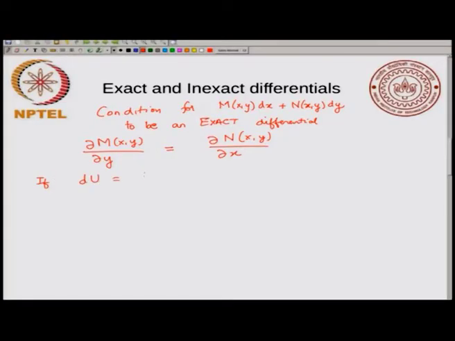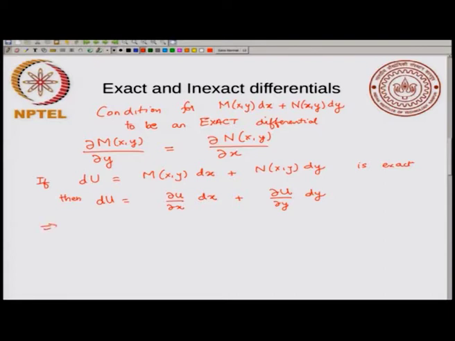if du equal to M(x,y) dx plus N(x,y) dy is exact, then we have du is equal to ∂u/∂x dx plus ∂u/∂y dy.